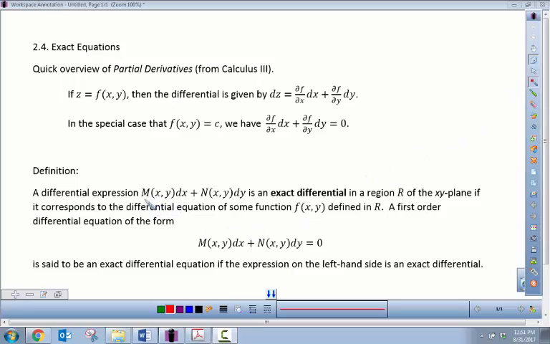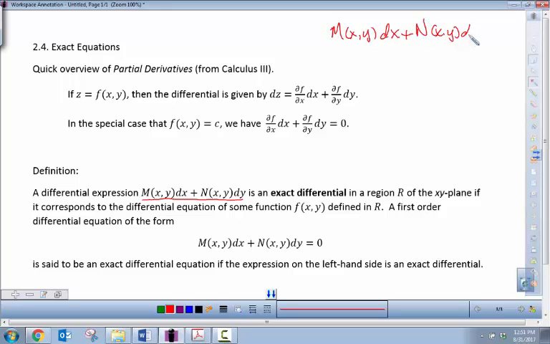Well, they kind of look like this. So this is called a differential form.